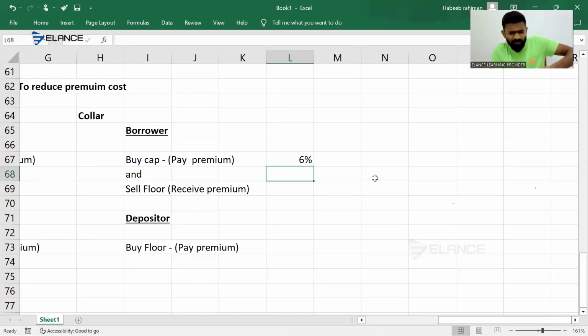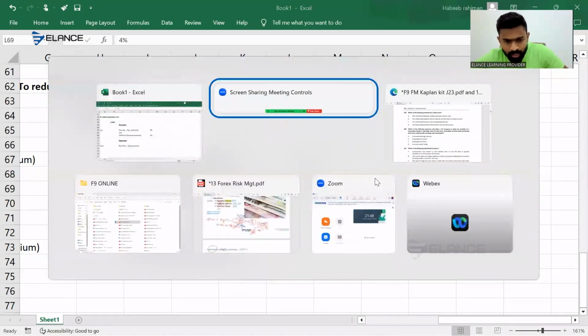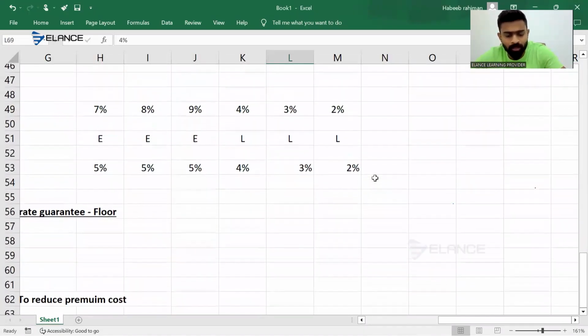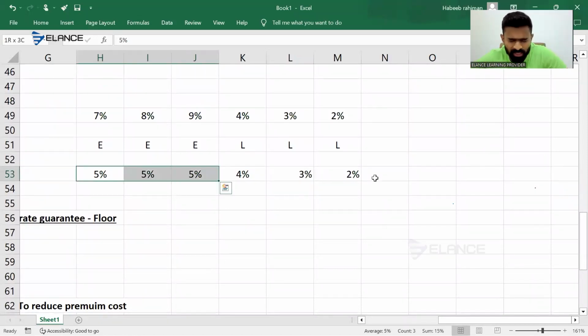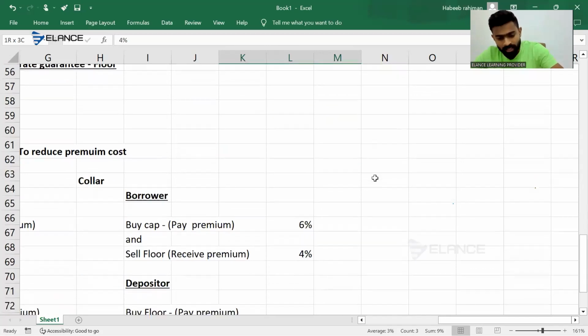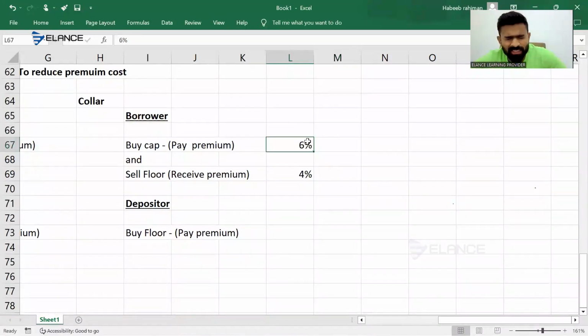Simultaneously, you are giving a guarantee, a floor, to the other party. The floor will be lower than this. Previously in my example, if the interest rate reduces, you have the opportunity to get the entire reduction. Here, in a collar, the answer will be in between 6 and 4.